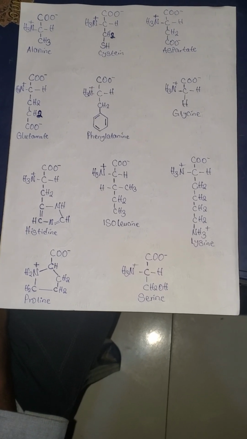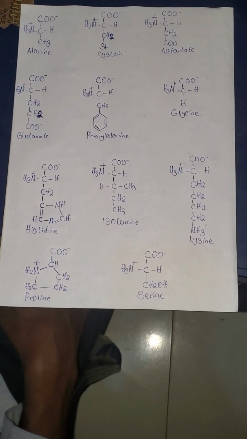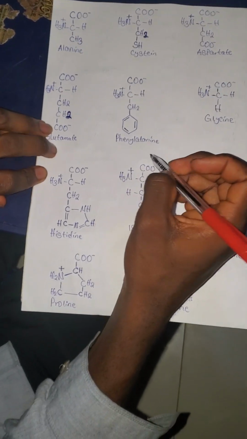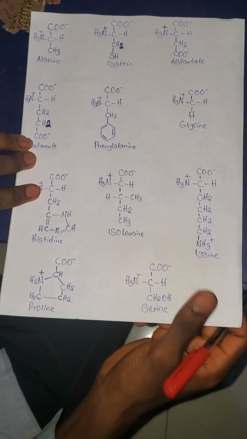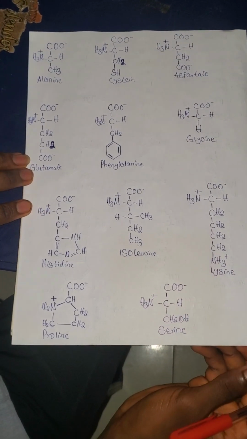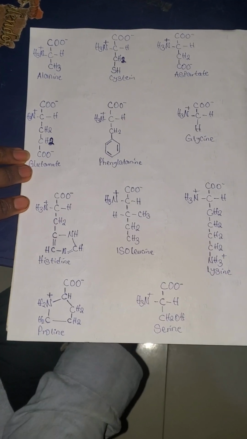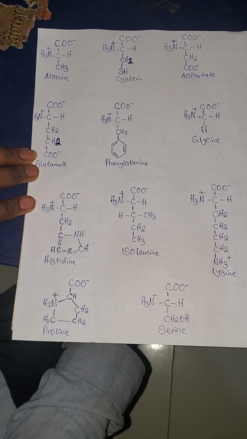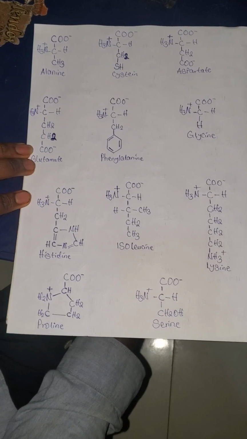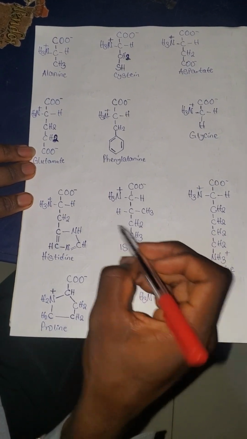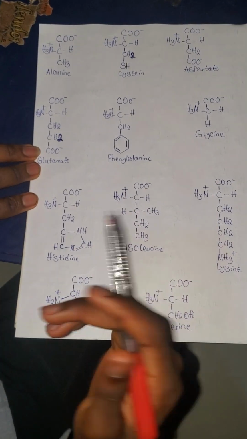Today we are going to look at the structures of these amino acids. Students find it very difficult to comprehend or memorize these structures. Of course, looking at them, they are very complicated. Some of them are very similar, and you wonder how you'll understand the chemistry behind the structures.